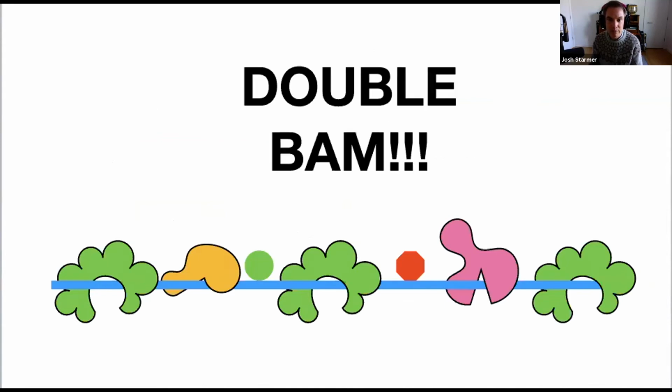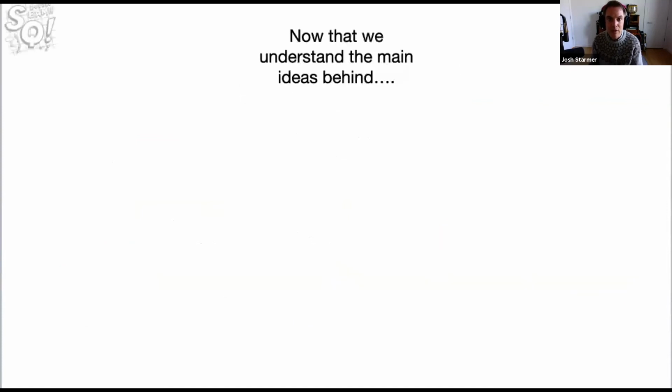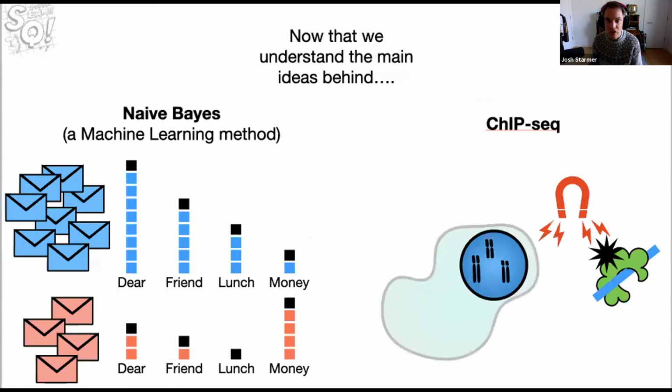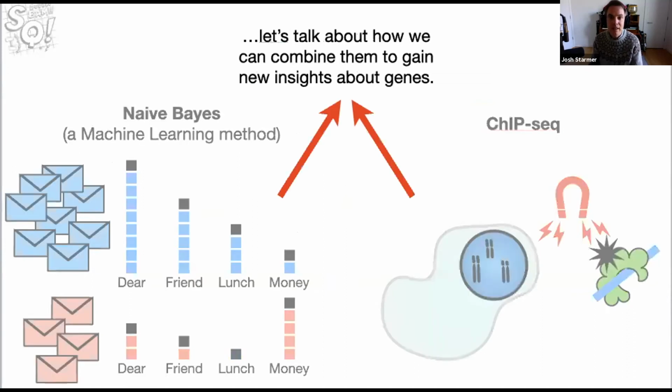Double bam! Now that we understand the main ideas behind naive Bayes, which is a machine learning method, and ChIP-seq, which is a genomic technique, let's talk about how we can combine them to gain new insights about genes.